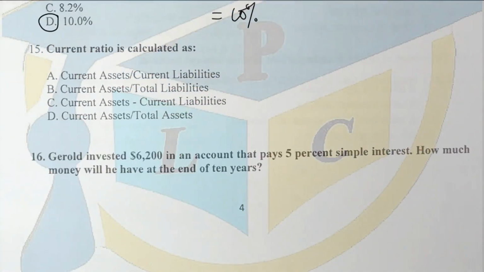Now question 15. Current ratio is calculated as, so for us to calculate current ratio, it is one aspect of ratio of liquidity. When it comes to financial statement analysis, current ratio is one of the ratios that we use to assess the financial strengths and weaknesses of the organization through their income statement and the statement of financial position.